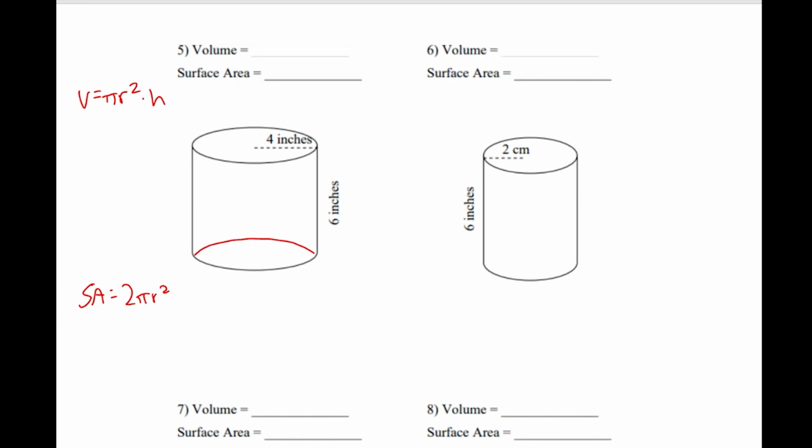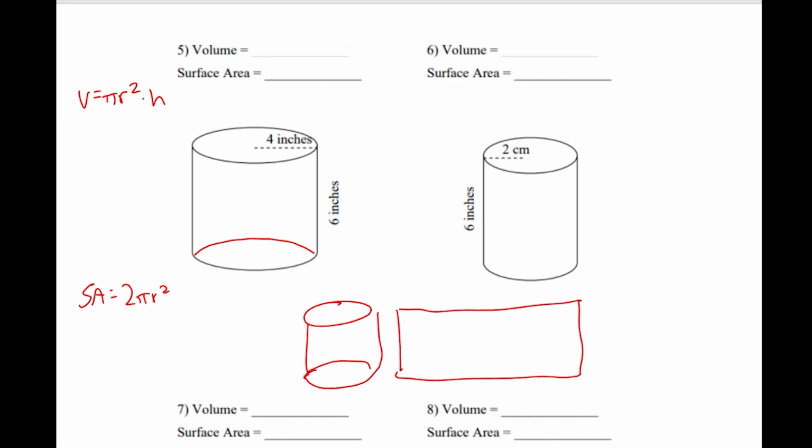So if I unravel this, say I have a cylinder and I unravel the label, it's going to be a long rectangle where the height is the same as the height here, but the other dimension is actually going to be the length of the circumference. So that would be a 2 pi r distance there.